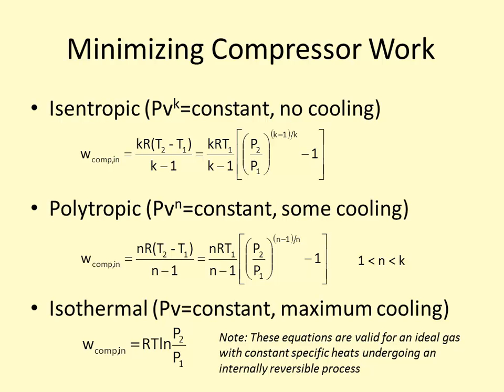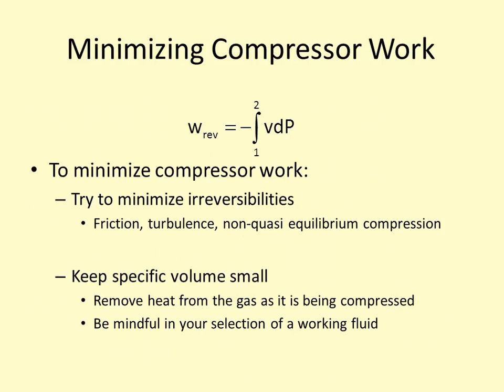So let's just talk about 3 different conditions to minimize the compressor work. If we look at this equation, this integral of VdP, and we assume that P V to the X is equal to some constant.